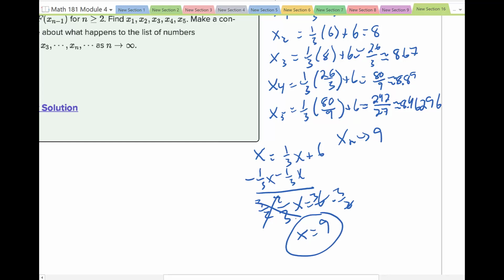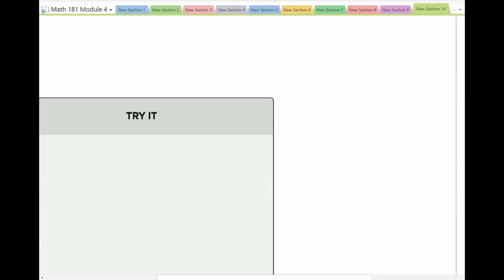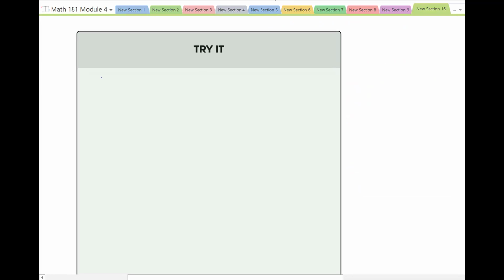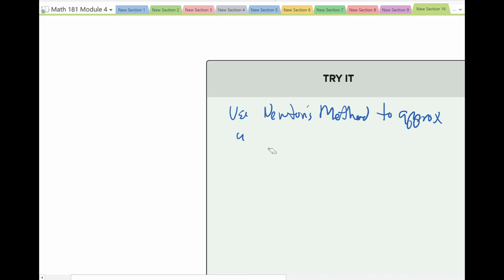Okay, let's do one more. And this one they want us to use Newton's method to approximate a solution of the equation e to the 0.2x squared plus x minus 2 equals 0.